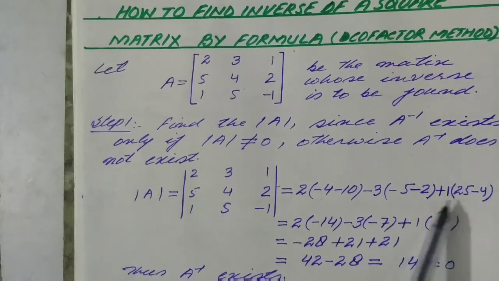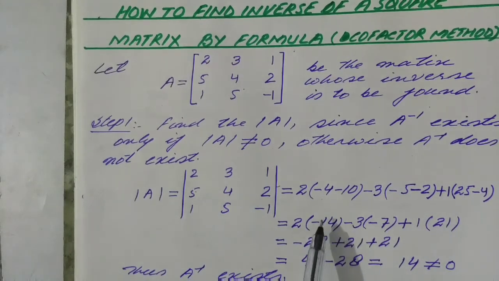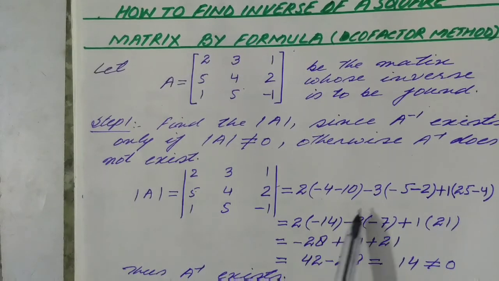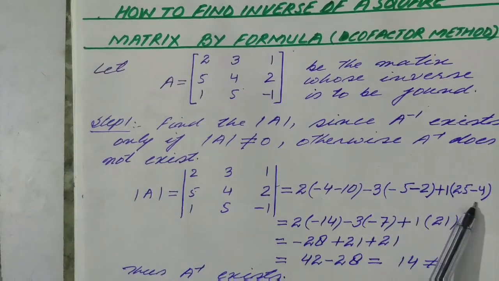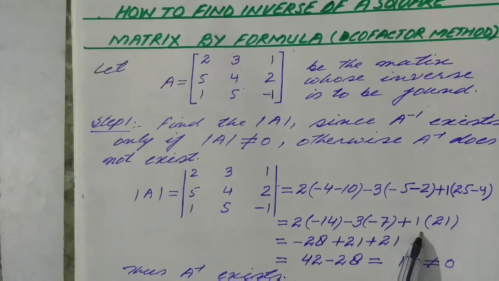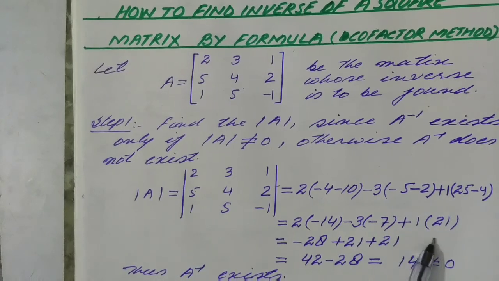Now let's simplify. 4 minus 10 is minus 6... so 2 into minus 14, minus 3 into minus 7, plus 1 into 25 minus 4, which is 21, so 1 into 21. On simplifying, 2 into minus 14 is minus 28, minus 3 into minus 7 is 21, plus 1 into 21 is 21.